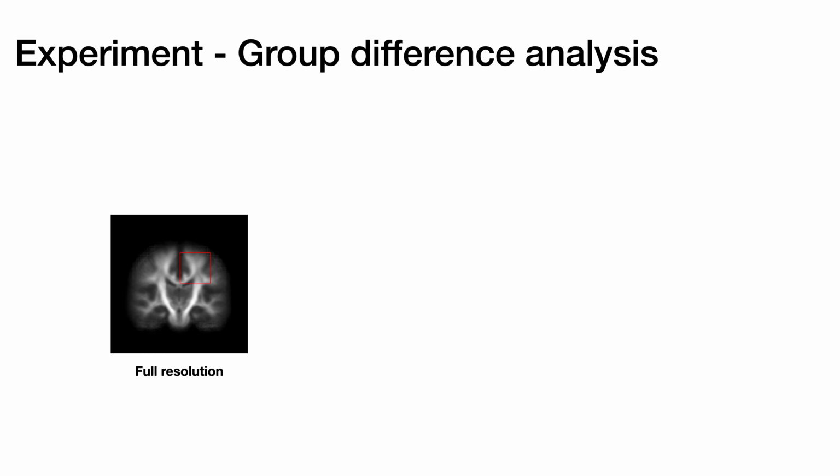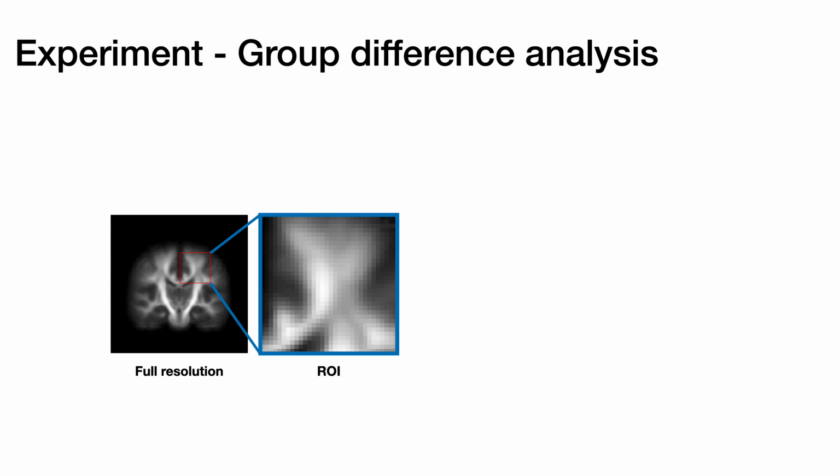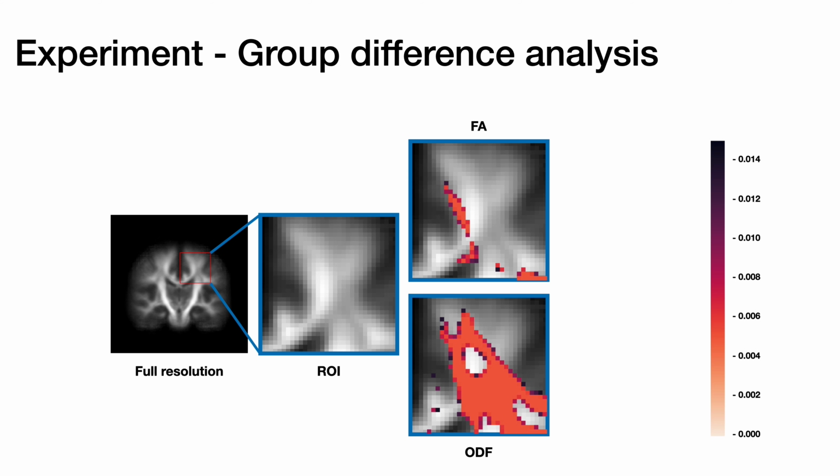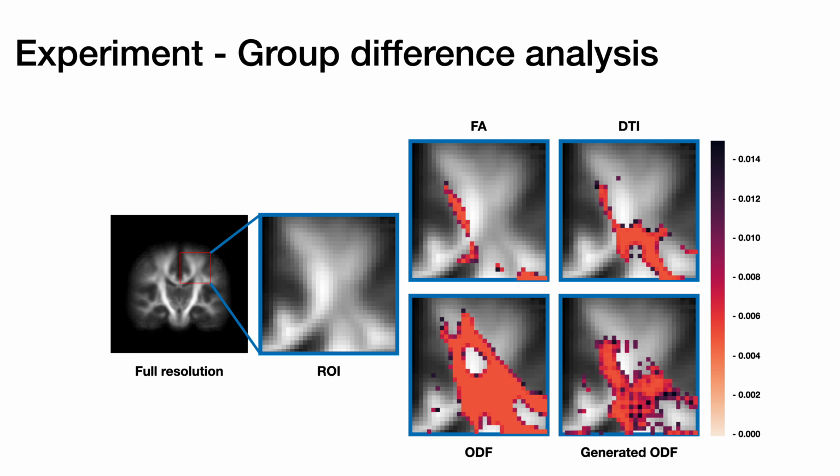As shown here, the ODF performs as the ground truth. The color highlights the group-wise different voxels between genders. Compared with FA and the input DTI, our method can preserve the group-wise difference for the generated ODF.